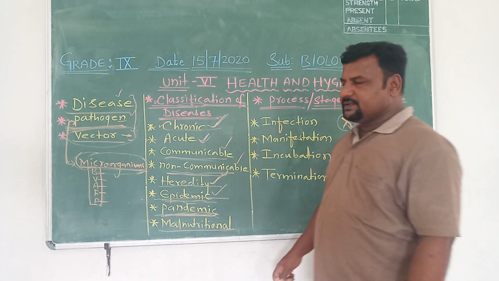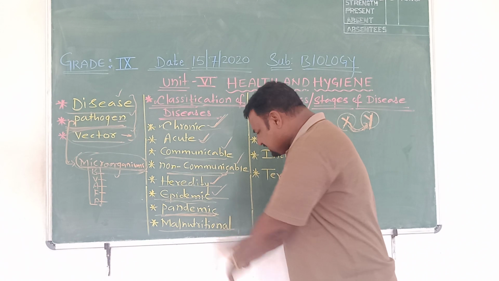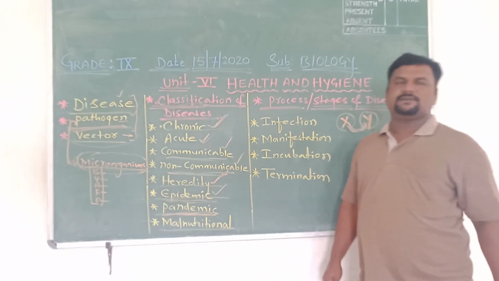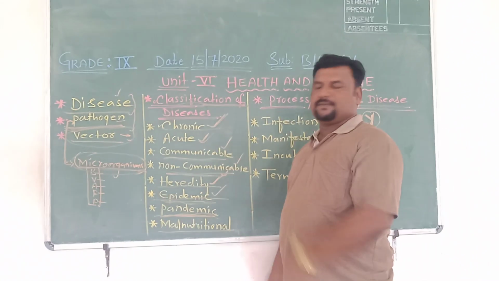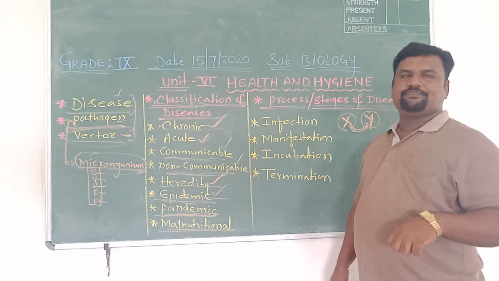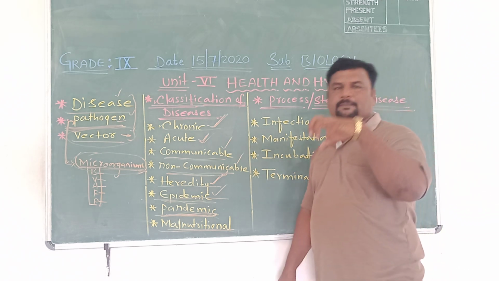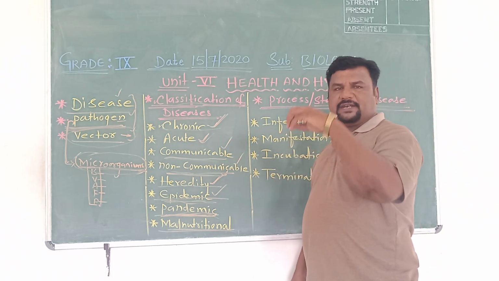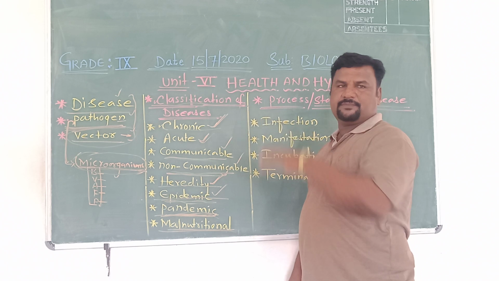Next, malnutrition diseases. Malnutrition diseases can otherwise be called deficiency diseases. These occur due to insufficient supply of required nutrients from the diet.